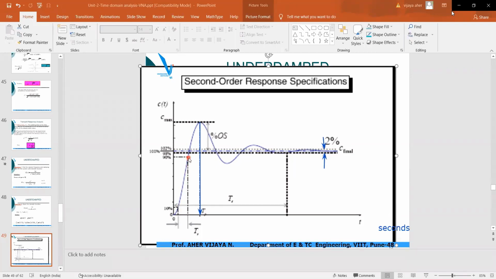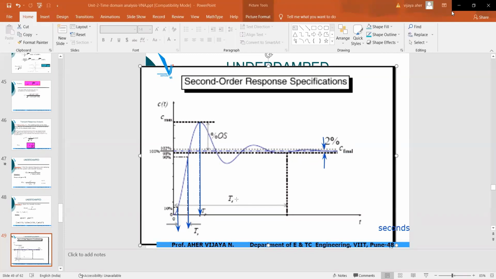So see from where to where is our rise time, from 10% to 90%. So time required for your output to rise from 10% to 90% is nothing but rise time. Definition. Now settling time.